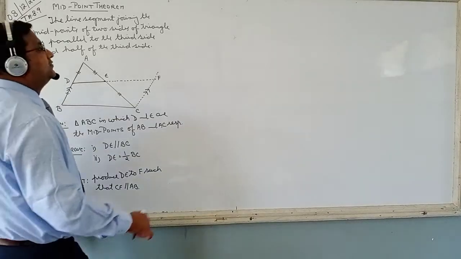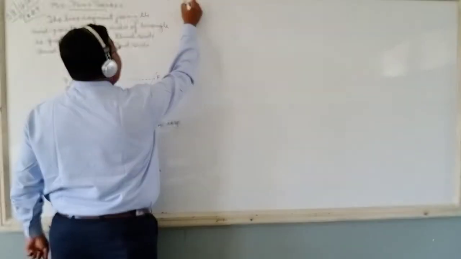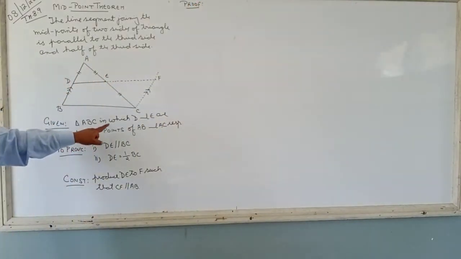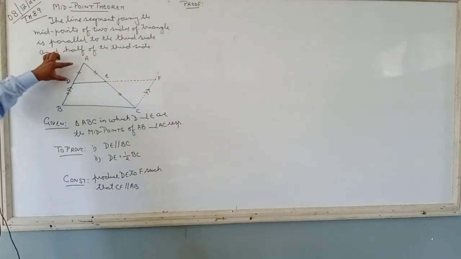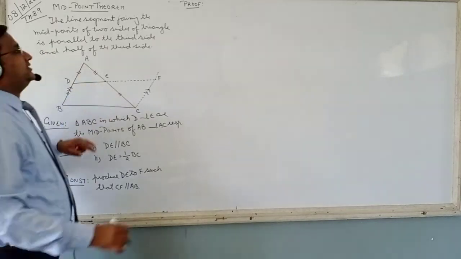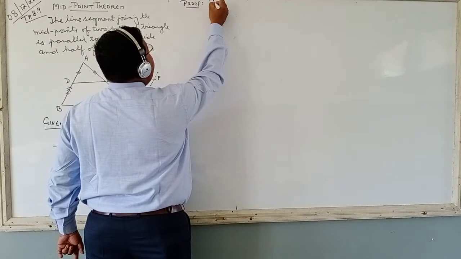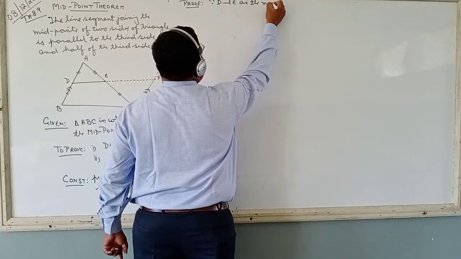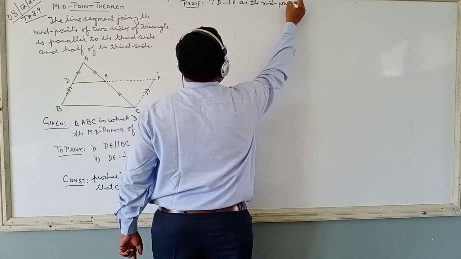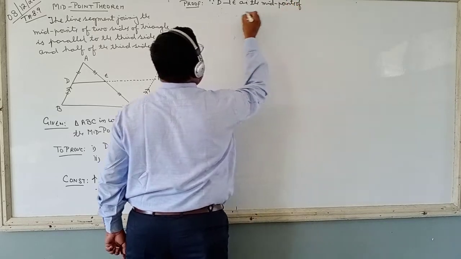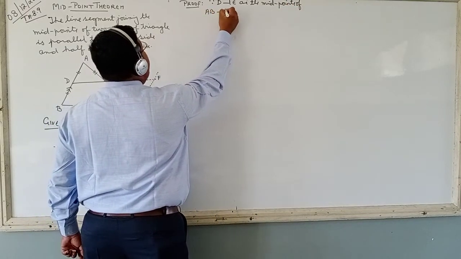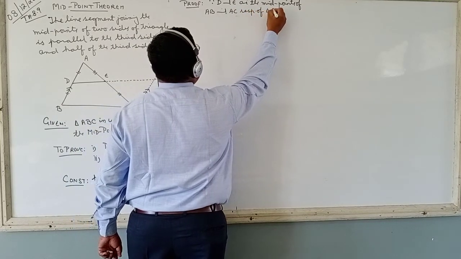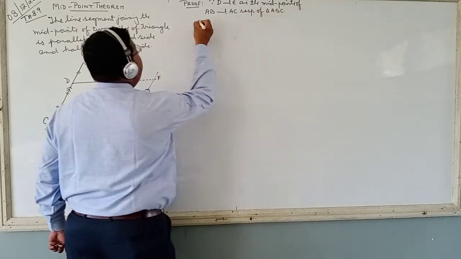Write down the things that are given to us. Proof. What is given to us? We are given that D and E are the midpoints. So we will write down that AD is equal to DB, AE equal to EC, because D and E are the midpoints of AB and AC respectively of triangle ABC.